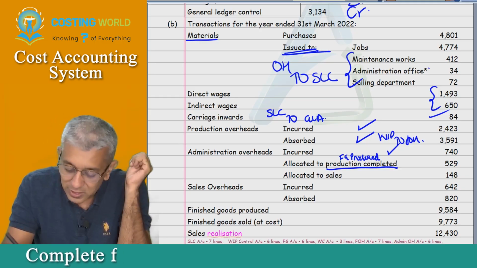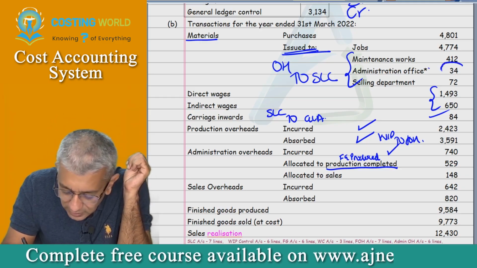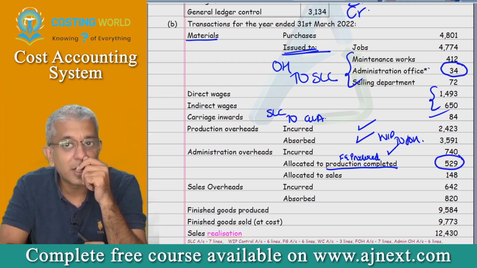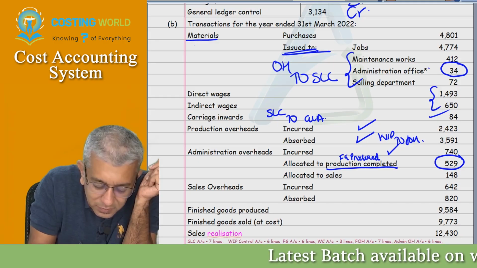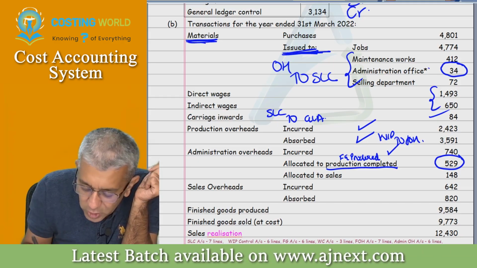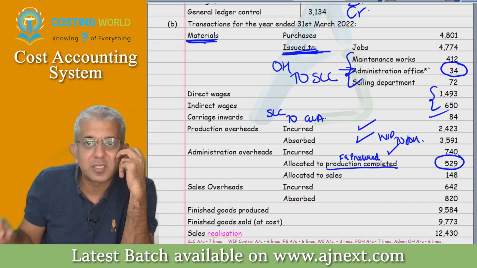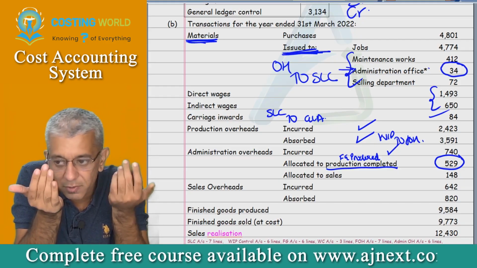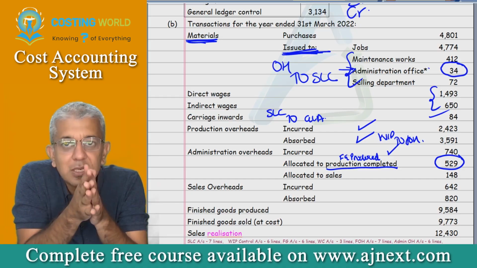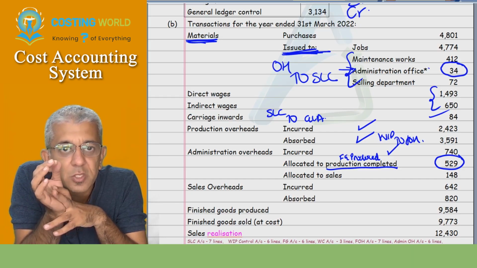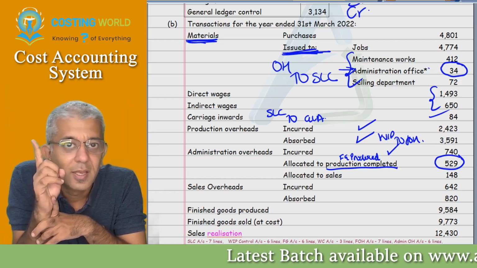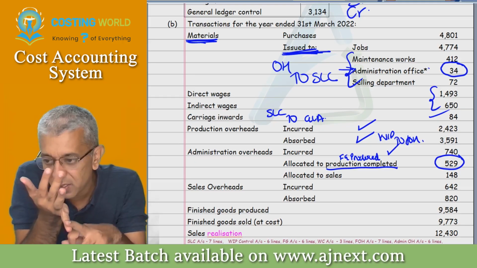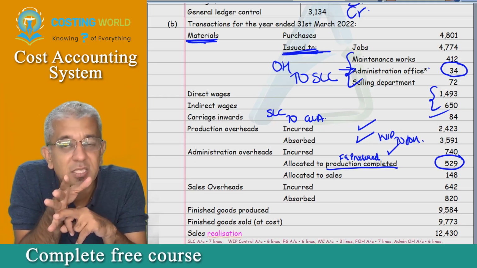Although sometimes I try to think that this and this actually contradict with each other, because here, what is written? Materials that are issued to administration office. When you think of this particular line, I think the picture that will come in front of all of us will be, sir, some cleaning materials used for cleaning of office. Can you say office means wherever your managing director will sit, where all your back-end staff will be sitting?